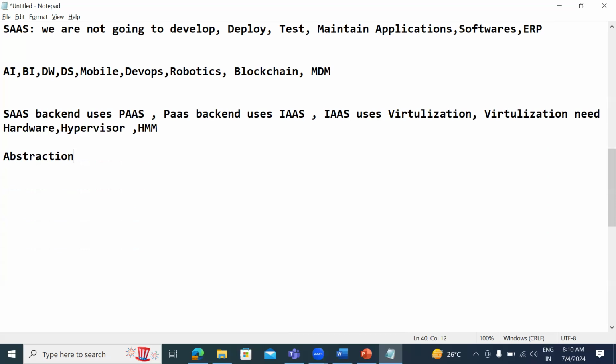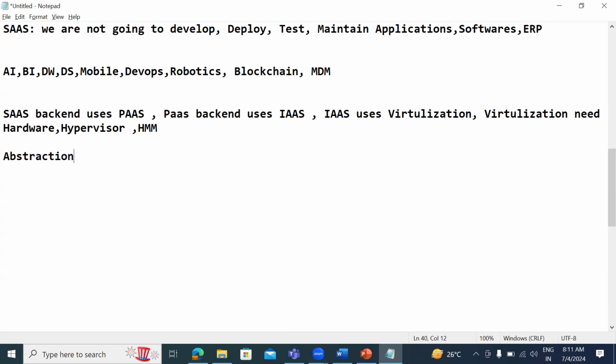In the same way, if I use SaaS, SaaS abstracts PaaS. PaaS abstracts IaaS. IaaS abstracts virtualization. Regarding that virtualization, if it is a private cloud, we need to take care.